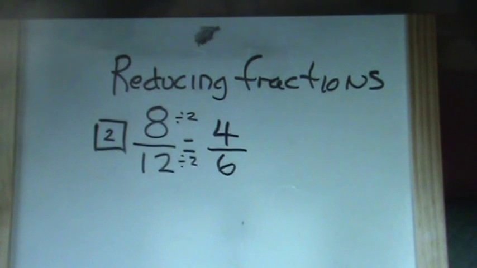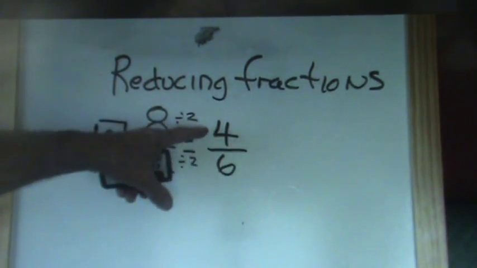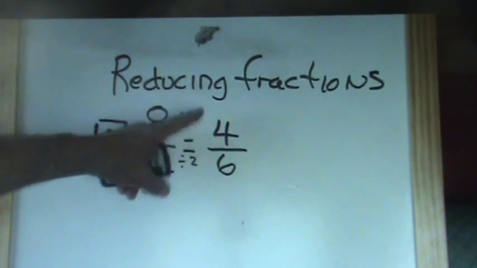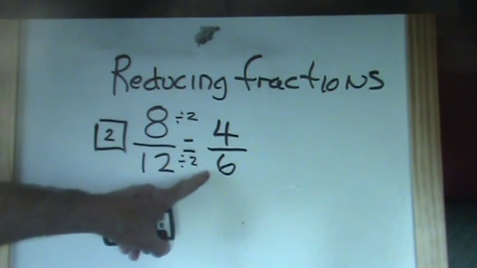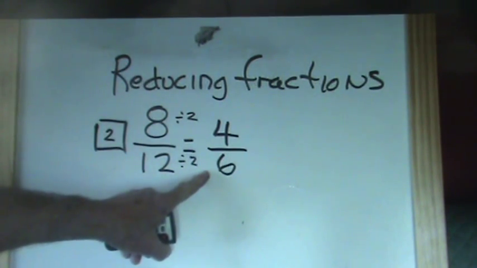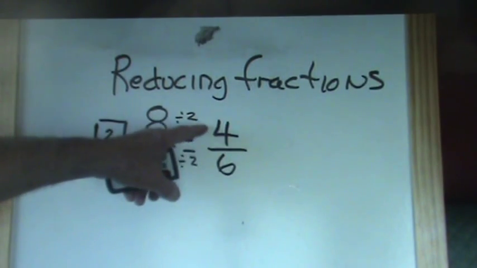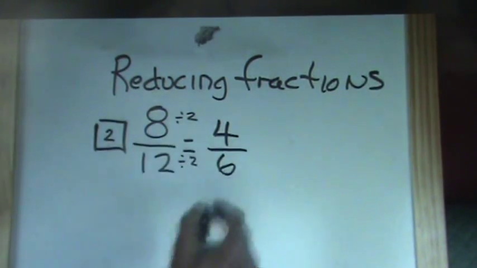Now we have to ask ourselves a question. Is there still a number that will go evenly into 4 and the same number will go evenly into 6? And we never use 1. Well, 2 will go evenly into 4 and 2 will go evenly into 6.